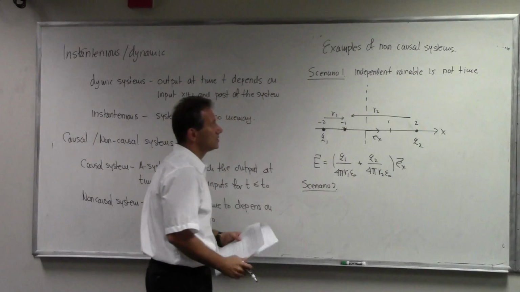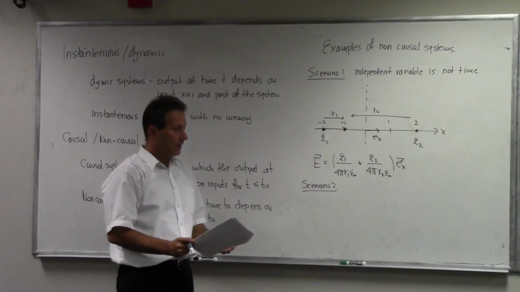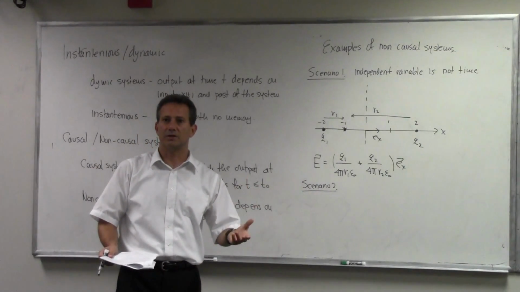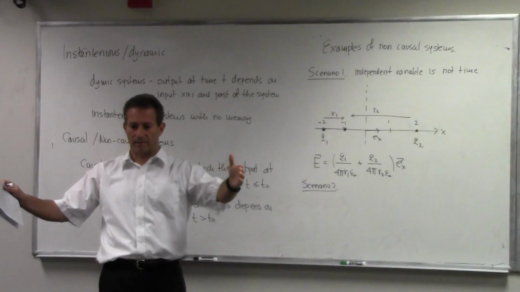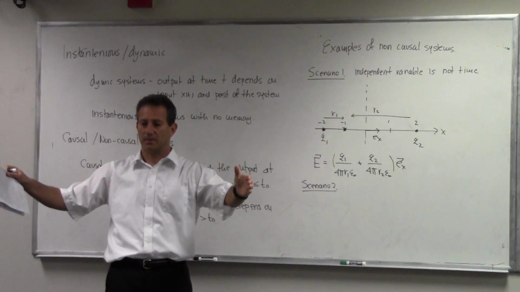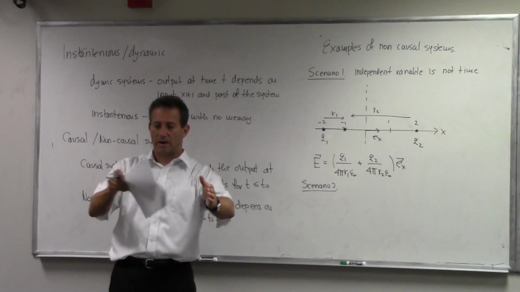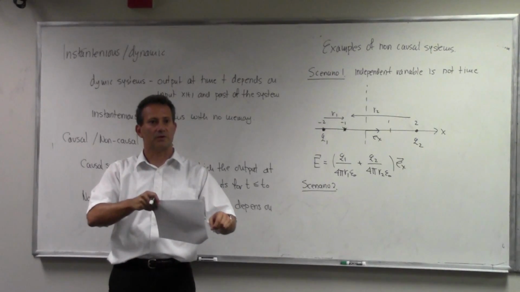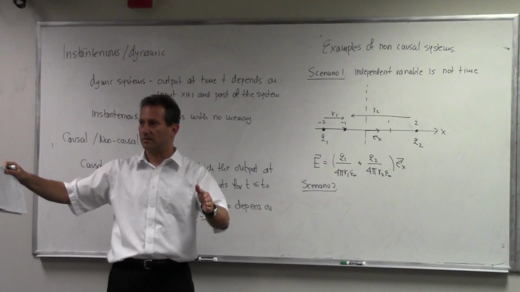But there's a next scenario where we create a non-causal system in non-real time. And this is a typical, what we call smoothing operation in filtering. You take the input value of the signal, let's say you take 100 samples of the signal, and then you generate the output at the time that corresponds to the first sample, utilizing all of these samples that come afterwards.